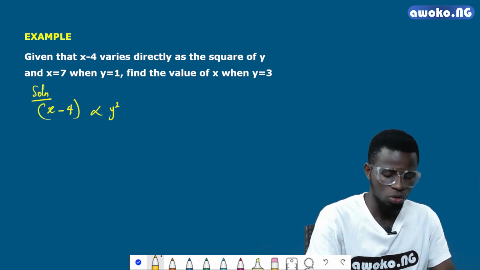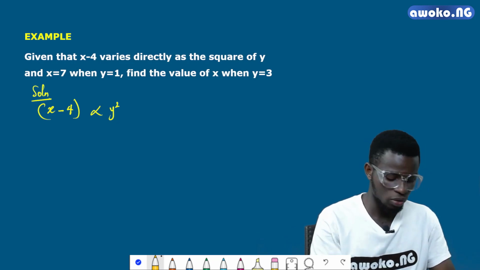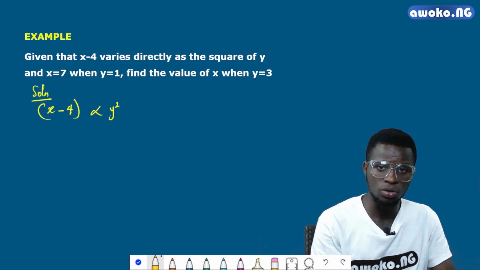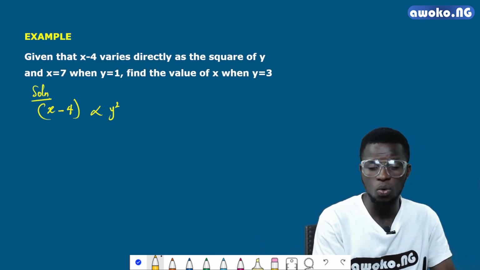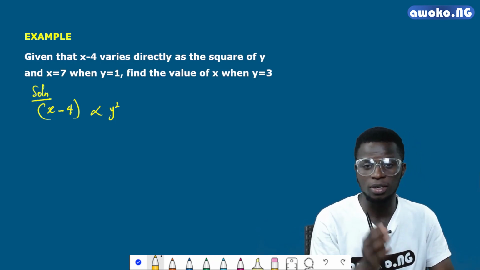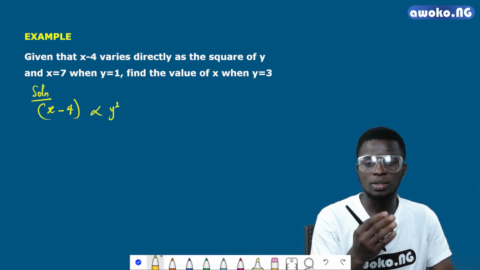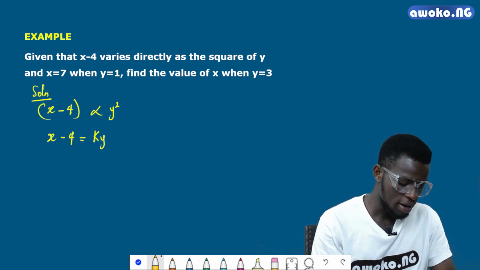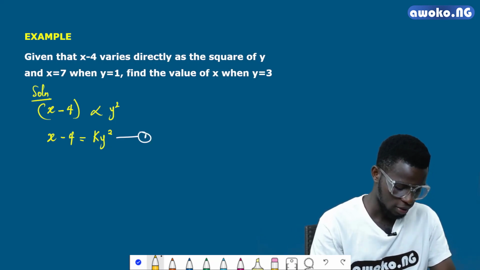To solve this further, we have to eradicate the variation sign and introduce the equality sign, and while doing so, we also introduce the proportionality constant, in most cases the letter k. So we have x minus 4 is equal to k y raised to the power of 2. Let us call this equation 1.